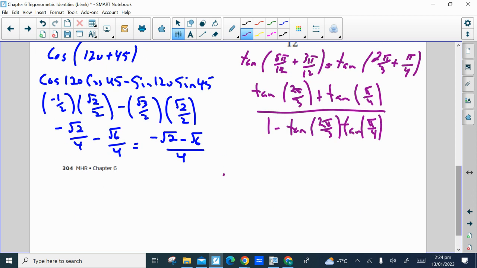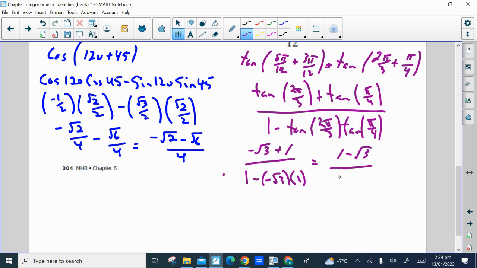So the tangent of 2 pi on 3 is negative root 3. Tan of pi on 4 is 1, all over 1 minus the product of those two. So I'll write that as 1 minus root 3, all over 1 plus root 3. Right, the minus minus becomes a plus positive.